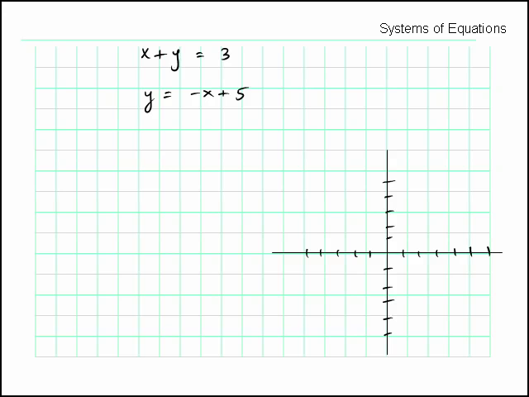The first line has an x-intercept at (3, 0) and a y-intercept at (0, 3), like that. The second line is in slope-intercept form. It has a y-intercept at 5, and the slope is negative 1 over 1, so down 1 over 1, down 1 over 1, and so on, and would look something like that.